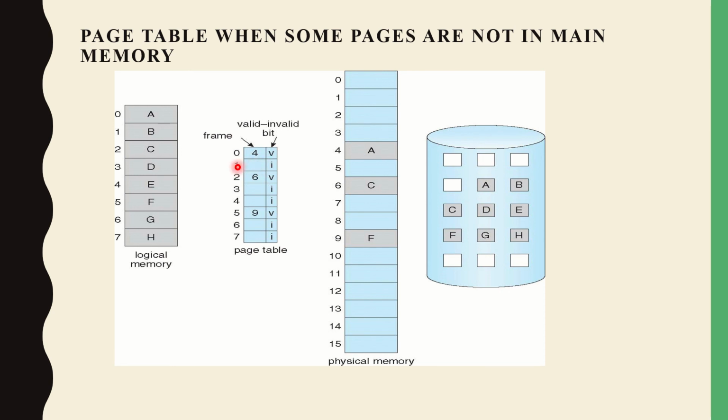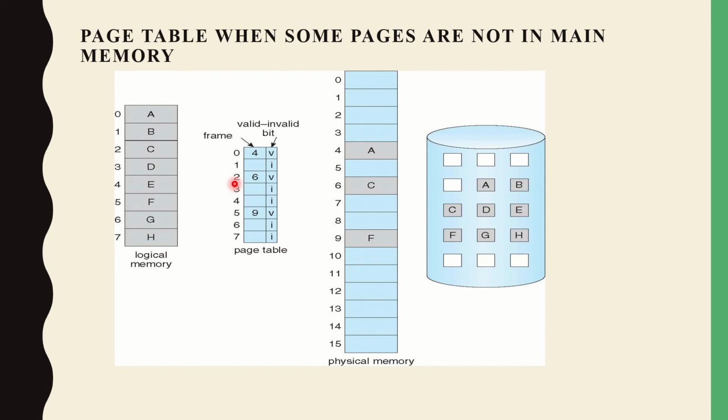This value B is nothing but some set of instructions that would be copied into your main memory. Here we denote them with alphabets. That instruction is not there in the main memory, so we denote it with an invalid bit, I.